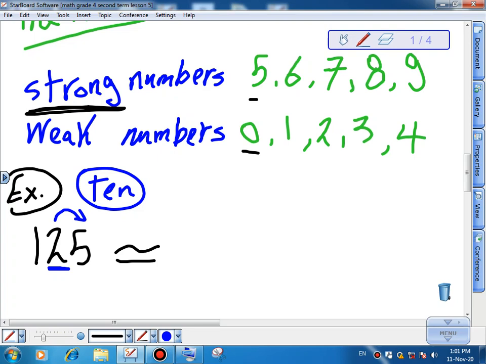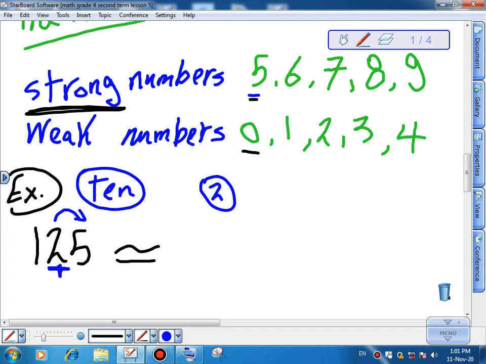5 is a strong number. Strong numbers are 5, 6, 7, 8, 9. If it's a strong number, we will do 2 steps, only 2 steps. If the number after the 10th place is a strong number, just increase the 10th by 1. You will increase the number 2 by 1.